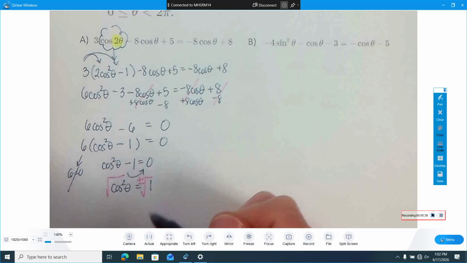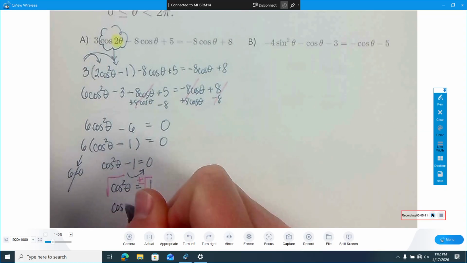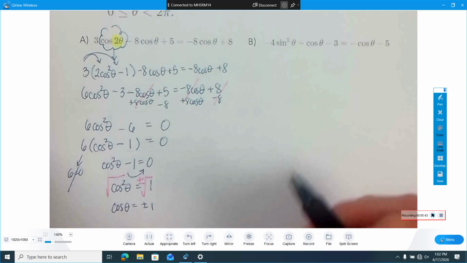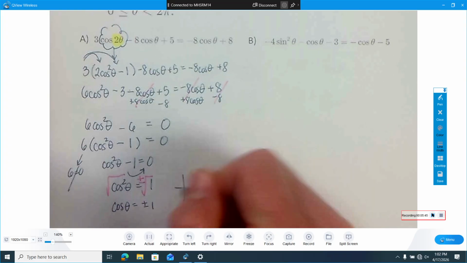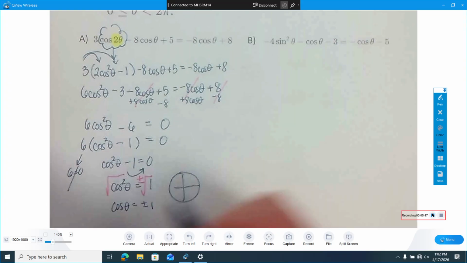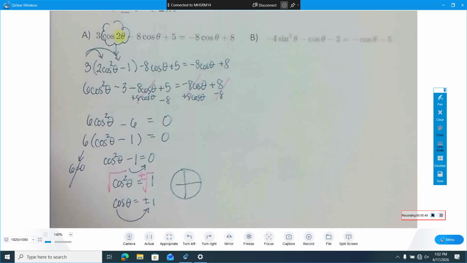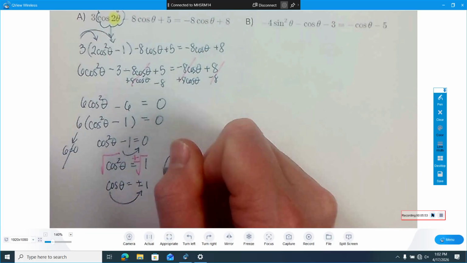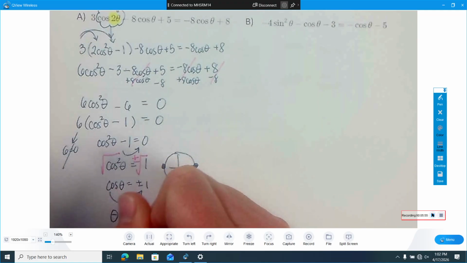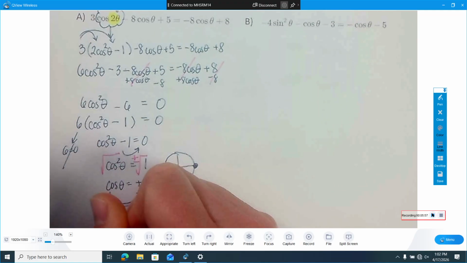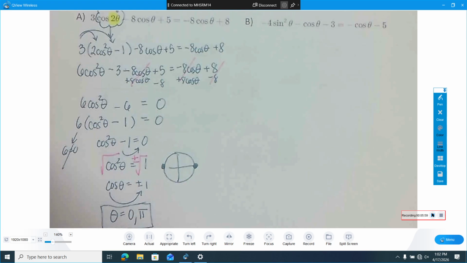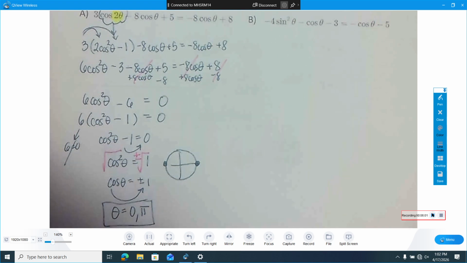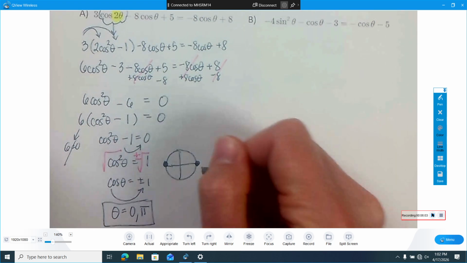All right. We can take a square root, so we get cosine of theta equals plus or minus 1. And this is where we hit up our unit circle and say, hey, where does cosine have a value of 1 or negative 1? 0 and pi. Yeah, so theta equals 0 and pi for our cosine values of 1 and negative 1.